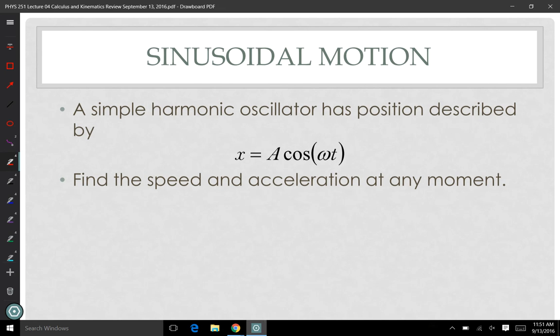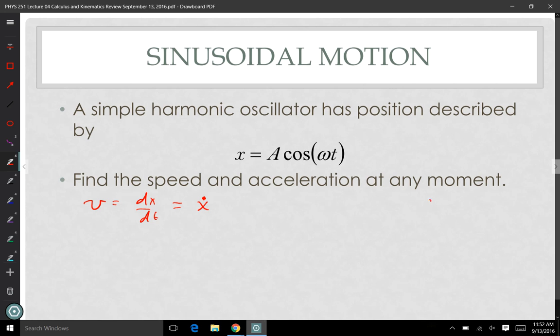So what was the first step? How do I find the speed? v is dx/dt. Here's a shortcut we use in physics. If you put a dot over a variable, that means you're taking a derivative with respect to time. Now, in calculus, you probably learned things like f prime.